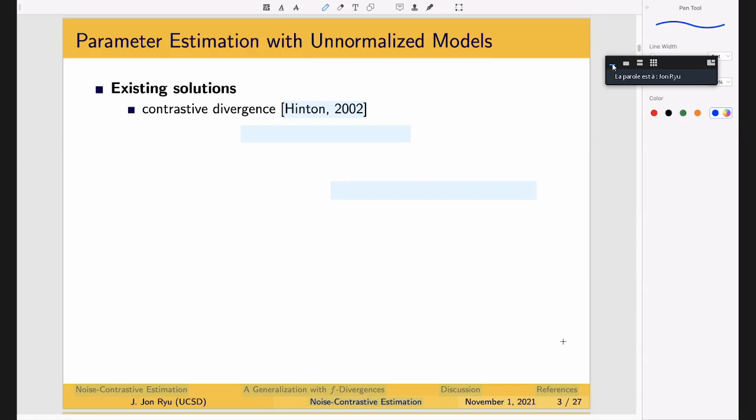This requires MCMC sampling, and it is not well understood what objective the contrastive divergence principle is optimizing. There is also another principle called score matching.